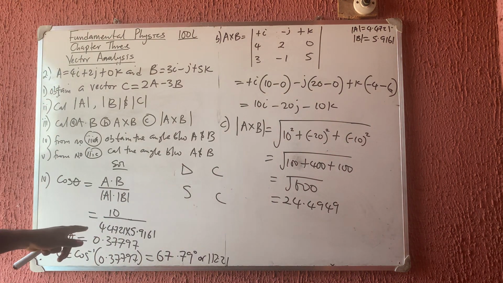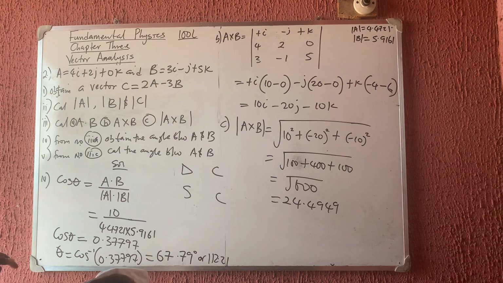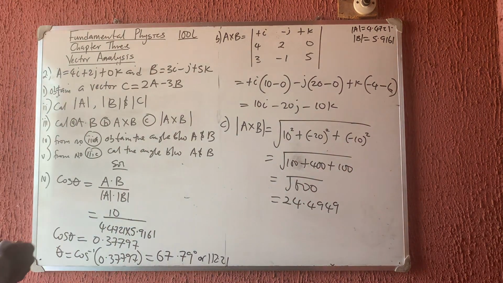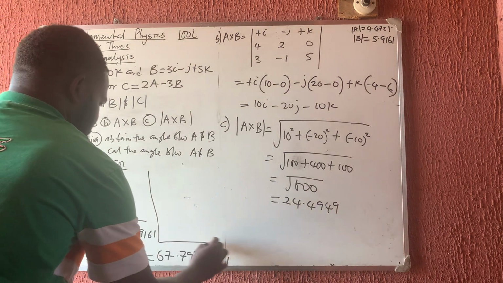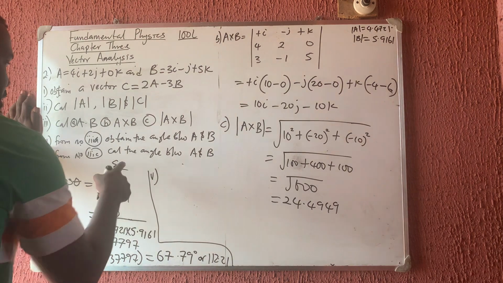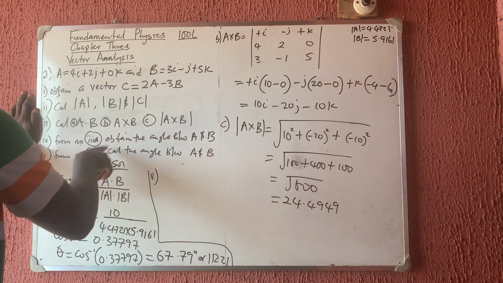So now let's use the cross product to get the same result. Let me solve it here. For part V, which is the last question, we use the cross product.